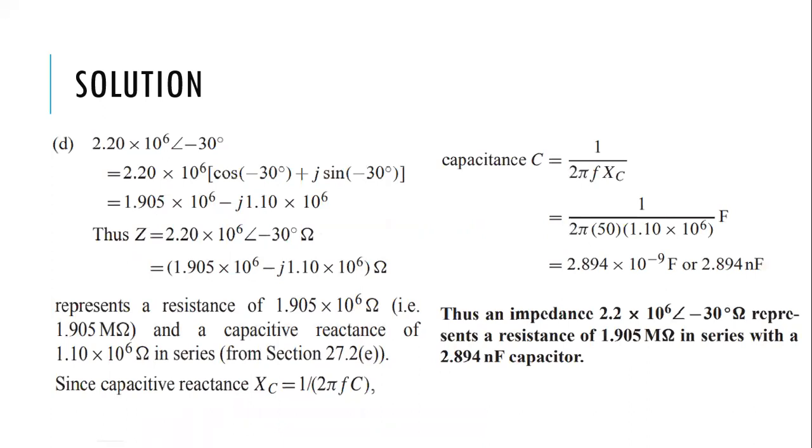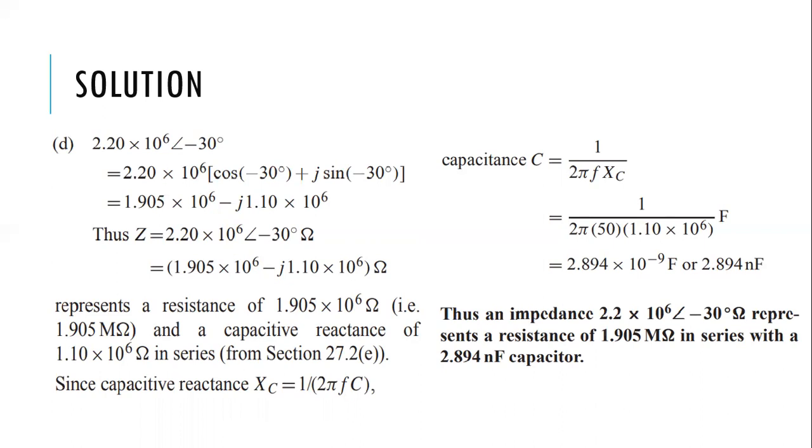And so the D part of the question is what we want to do next. Look at this, it gives us 2.20 times 10 raised to the power 6 at an angle of minus 30. Like we did for the other one, there's minus 30 there, so you must take note of the minus 30.